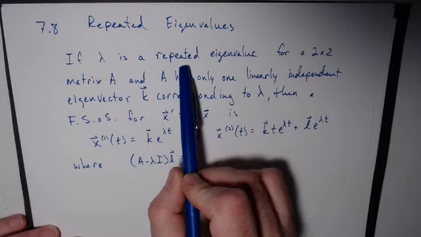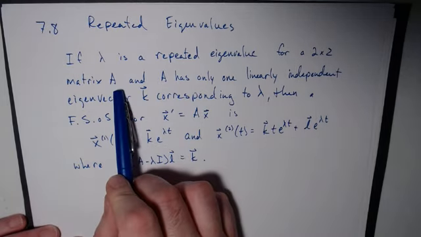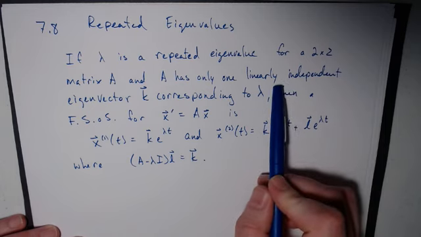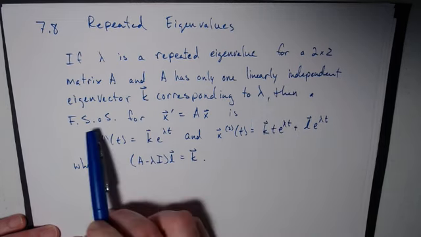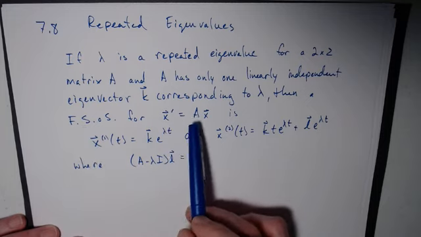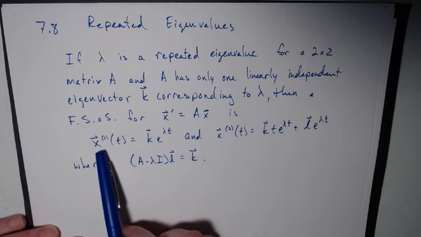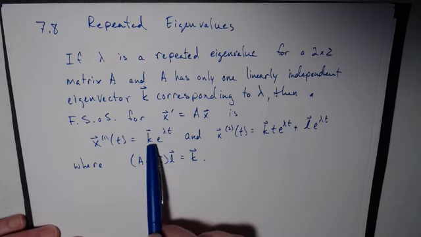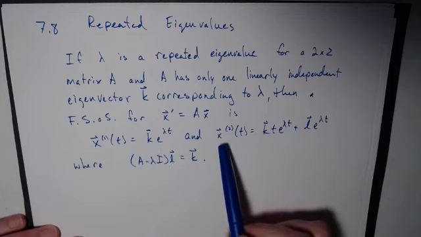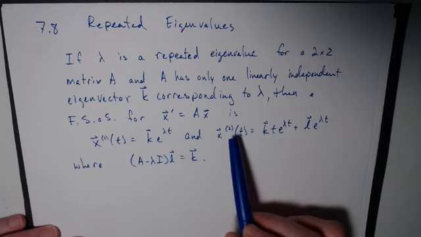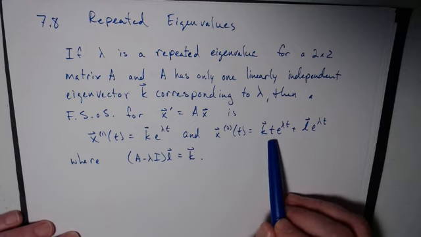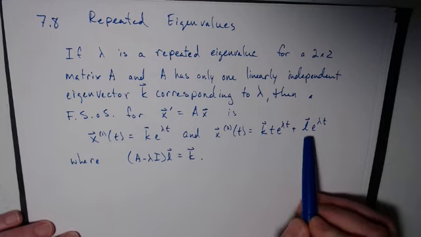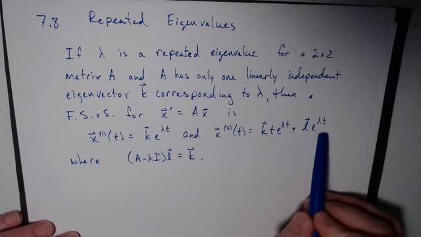If lambda is a repeated eigenvalue for a 2x2 matrix A, and A only has one linearly independent eigenvector k corresponding to lambda, then the fundamental set of solutions for x prime equals Ax is: your regular x1 is k e^(lambda t), and then we do a little something like reduction of order to get x2, which is equal to k t e^(lambda t) plus another l e^(lambda t).